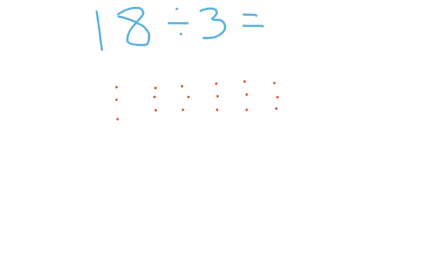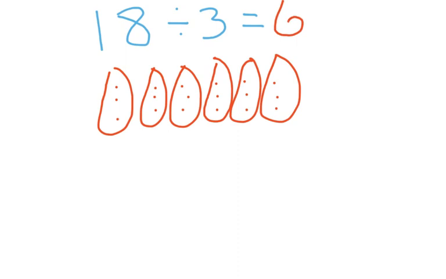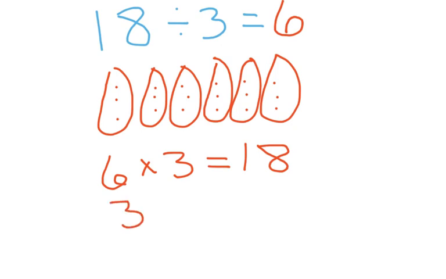I've made 1, 2, 3, 4, 5, 6 even groups. So 18 divided by 3 equals 6 because 6 times 3 equals 18. We also know our inverse of that too. 3 times 6 equals 18.